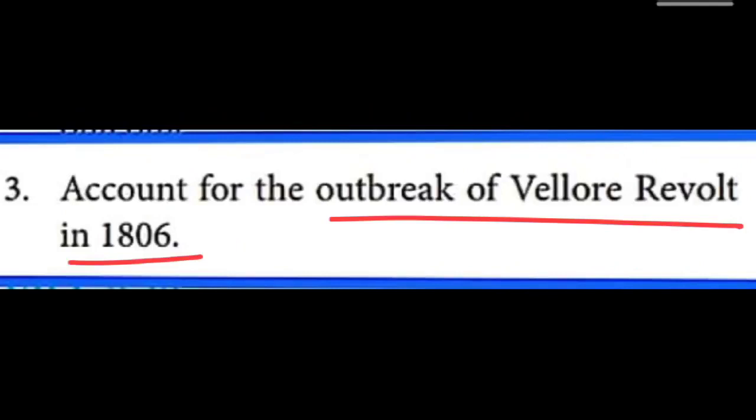Just before, I told you that in 1801 everything was stopped: the Palayakara system ended and their army was destroyed and dismantled. Now I am going to explain the next revolt, which started within 5 years in Tamil Nadu, the famous Vellore revolt of 1806.